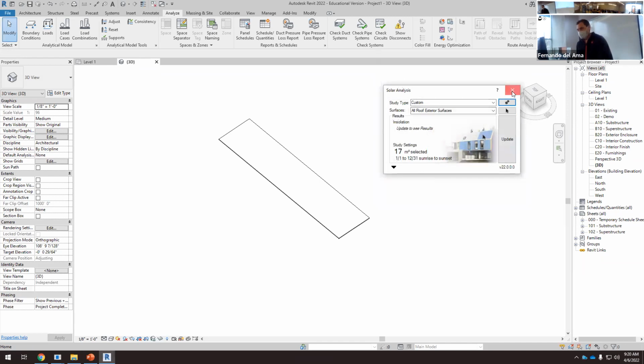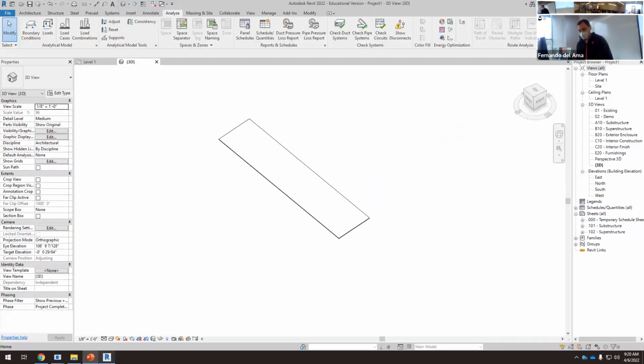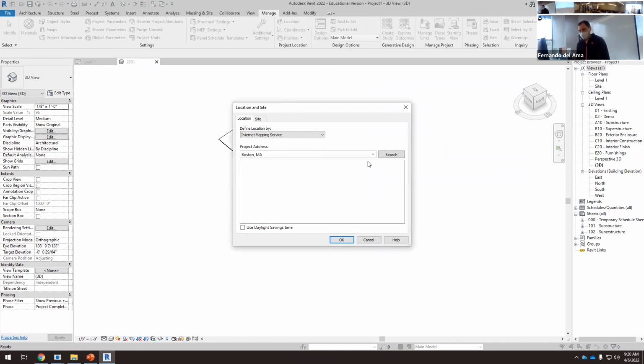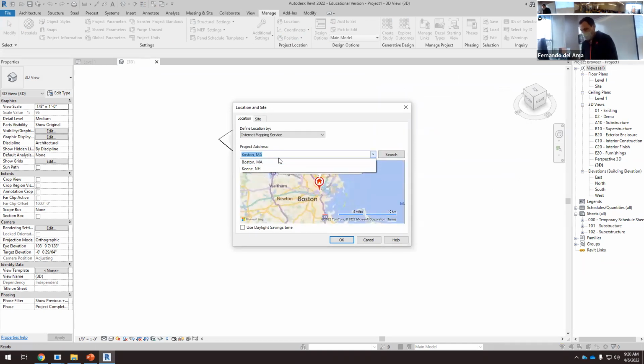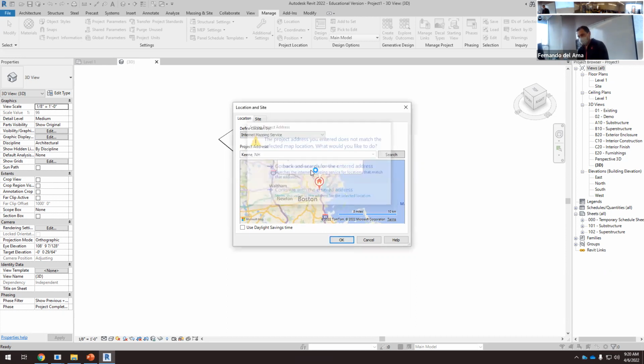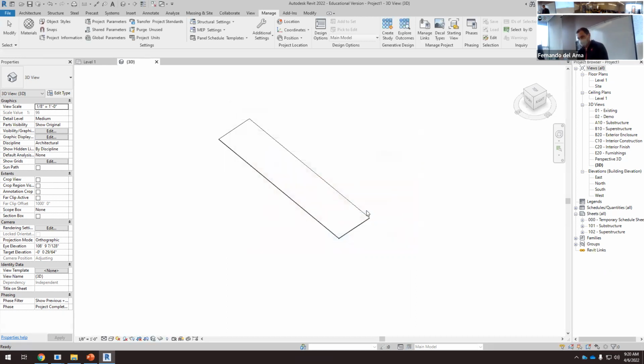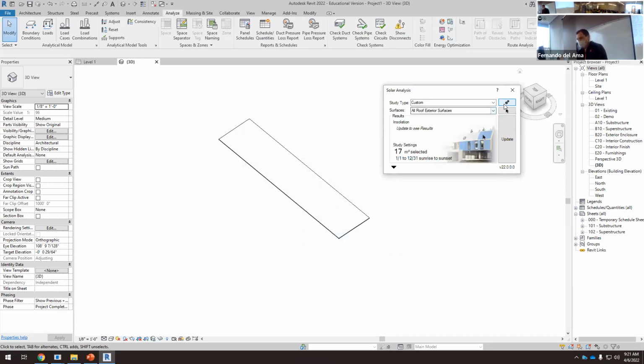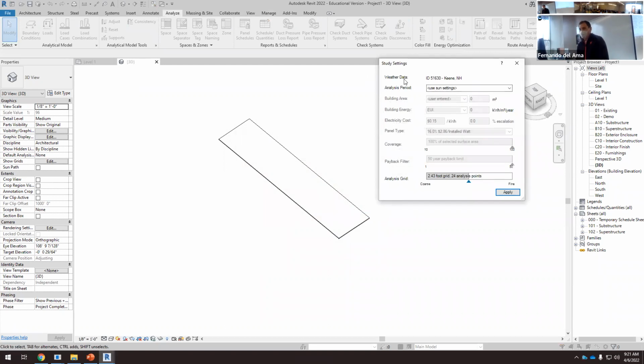The location, before that, I have to change in Manage. I have to change location, and we are going to work in Keene, New Hampshire. So now I go back to Analyze, solar. Now the weather data will be in Keene, New Hampshire.